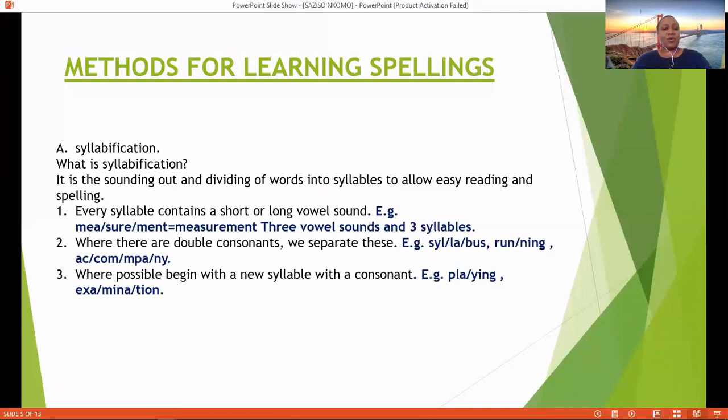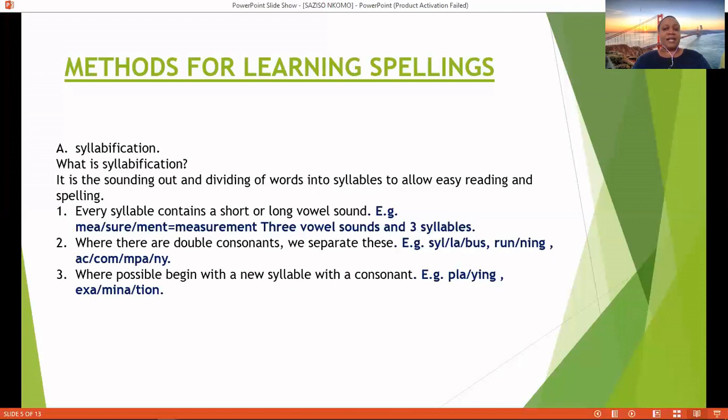Where possible, always begin a new syllable with a consonant. For example, playing, examinations. Note there, the syllables there begin with consonants.